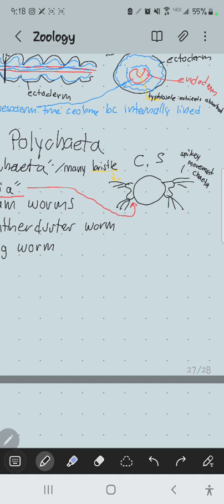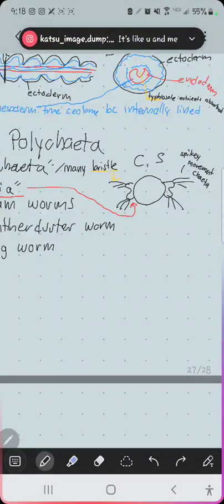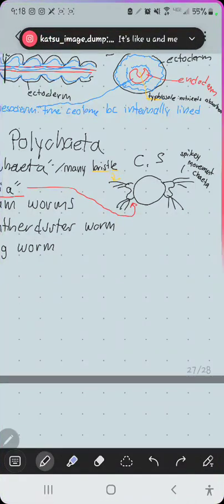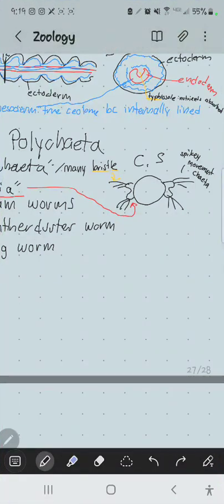I'll pull some out and put them into a dish when we take a break. I'm running low on my polychaetes, I need to replenish those. Okay, so here's one more. These are all polychaetes. So probably I'd have maybe one question about polychaetes on the test.